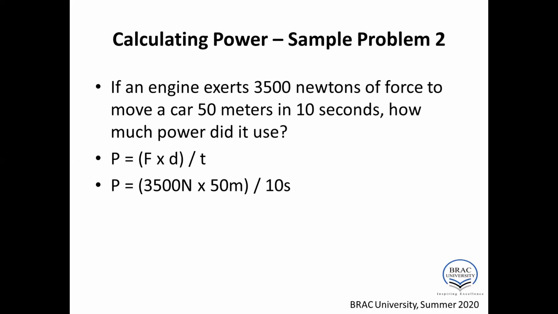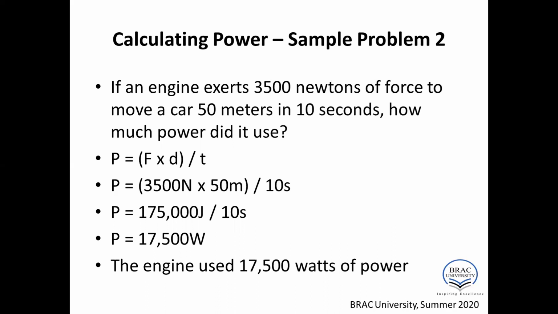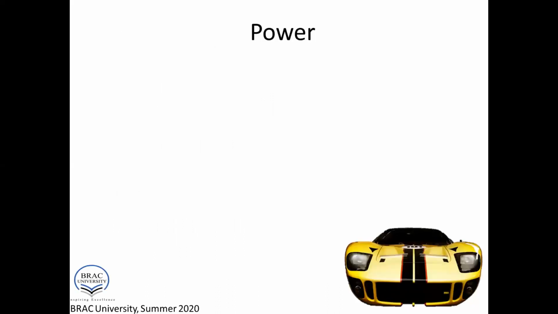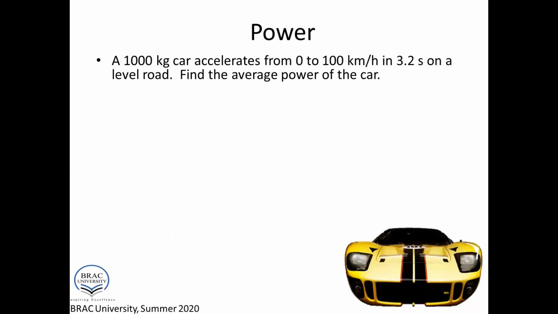If you put the values, P equals 3500 into 50 divided by 10. So finally the answer is 17,500 watts. The engine used 17,500 watts of power.